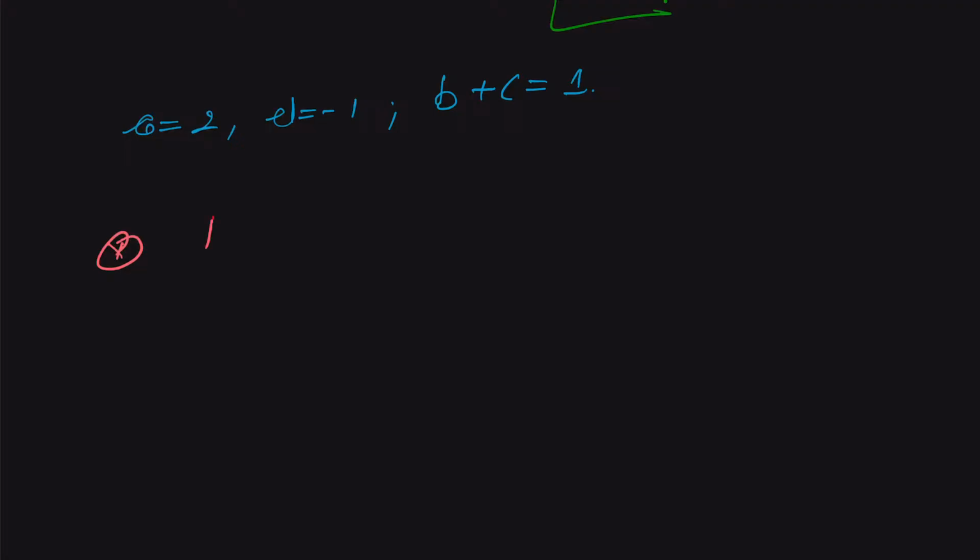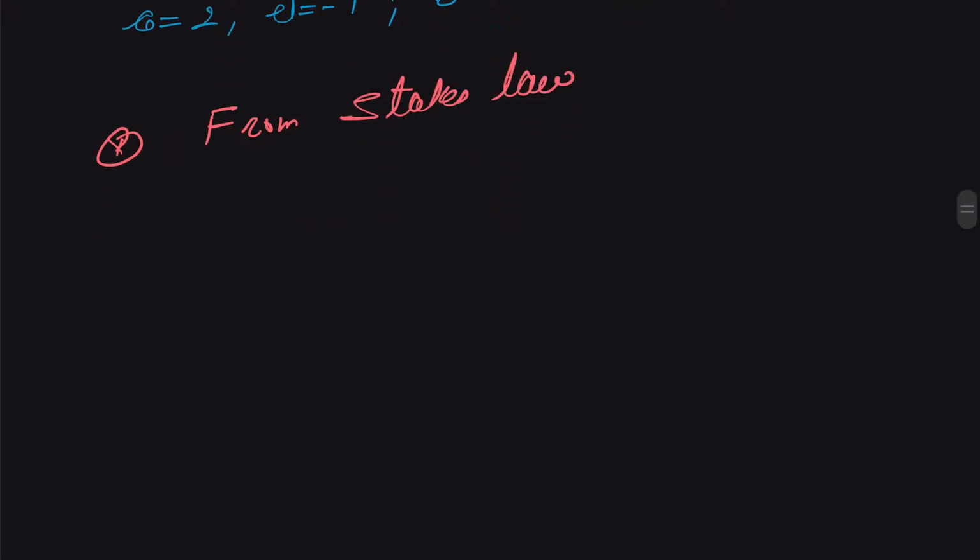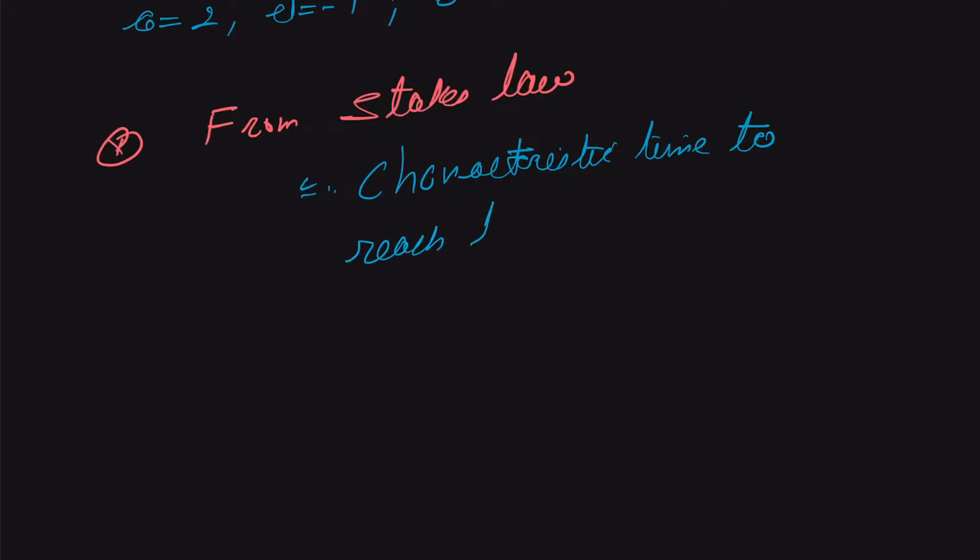So we can say from Stokes law, we can write that the characteristic time to reach terminal velocity is, let us suppose, our t.